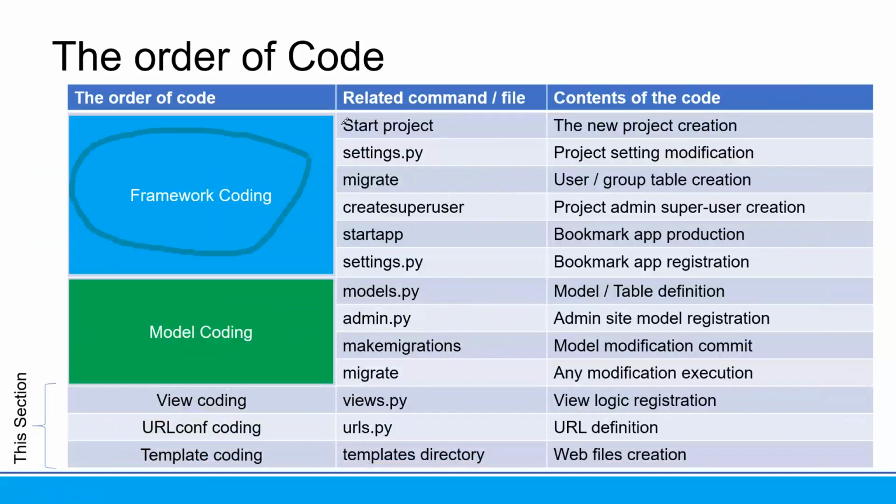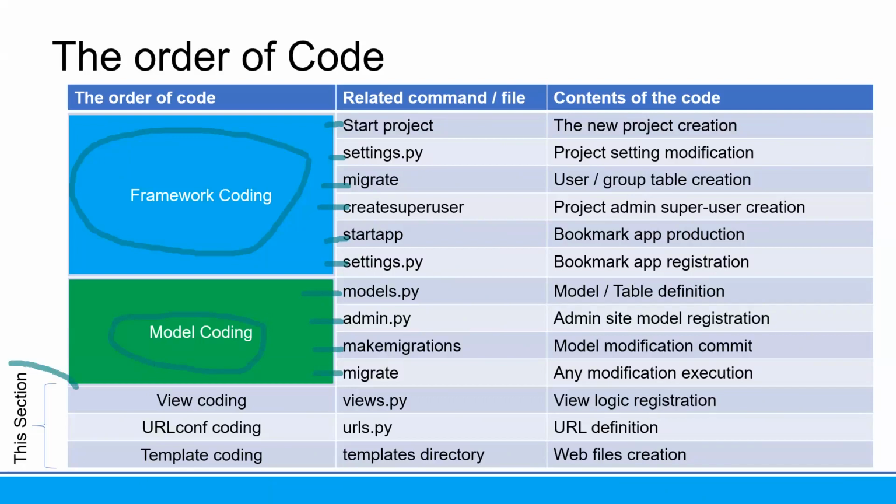From the beginning, you start the project, you modify the settings, you did migrate, you create the superuser, you start the app, you modify the settings, and then for the model coding, you put some code on your models, you do something on your admin, and then you make migrations, you migrate.